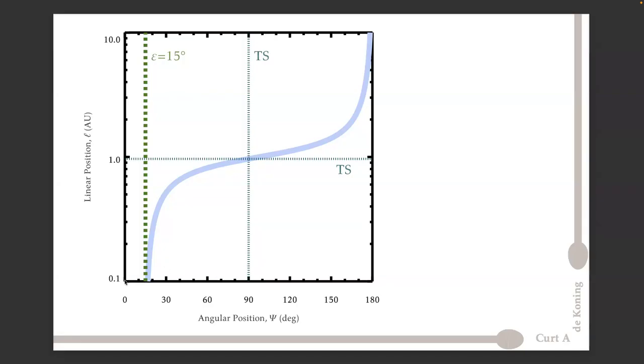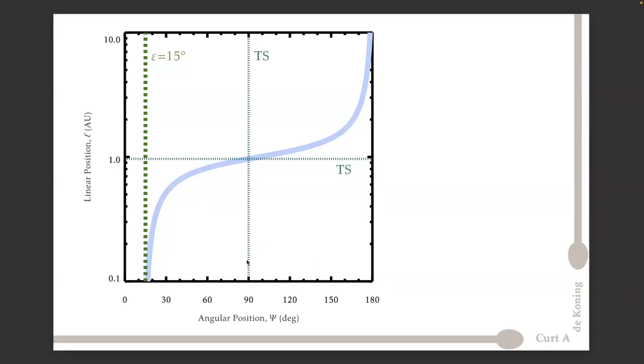With respect to linear position, the integral goes from the observer's location at 0 all the way out to infinity. We're not seeing that here because we've got a logarithmic scale. In terms of angular position, the location goes from the observer at the angle epsilon all the way out to 180 degrees. So 180 degrees in angular position is equal to infinity in linear position.